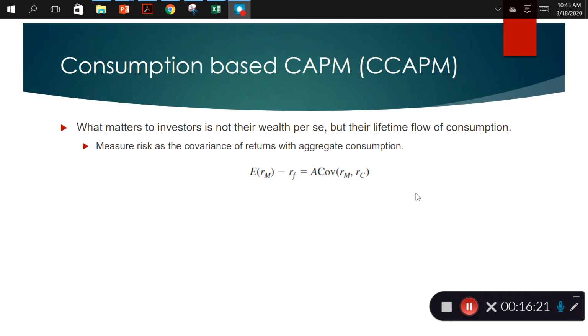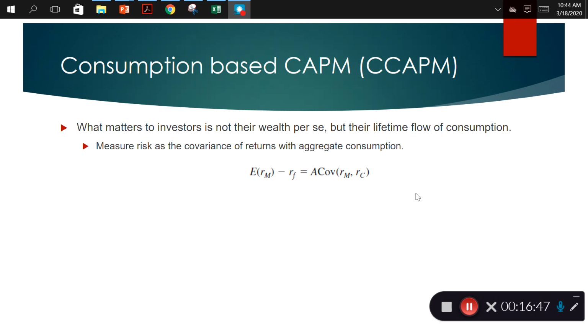And they're also going to consider the size effect, so the book-to-market effect is going to be involved in there. They end up showing that consumption-based CAPM does explain returns better than just the three-factor model, which is in turn superior to just the single factor or single index model, which is our application of CAPM.